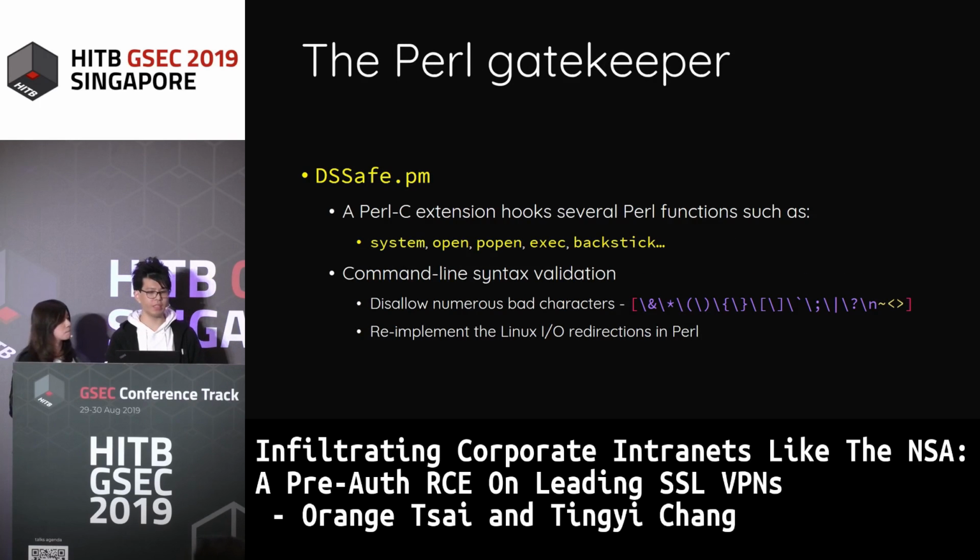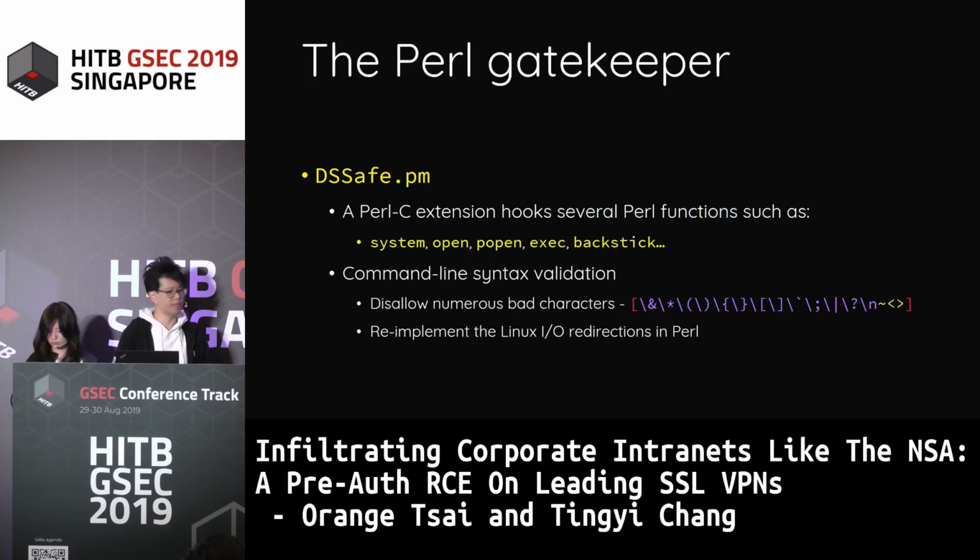The DSSF is a Perl module which is written in C++. The module implements its own command parser and hooks several dangerous functions, such as system, open, and backtick. It also disallows numerous bad characters and re-implements the Linux IO redirection in Perl.